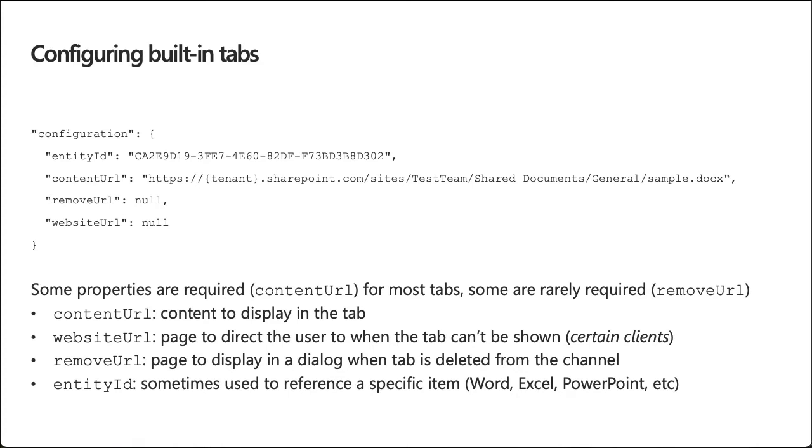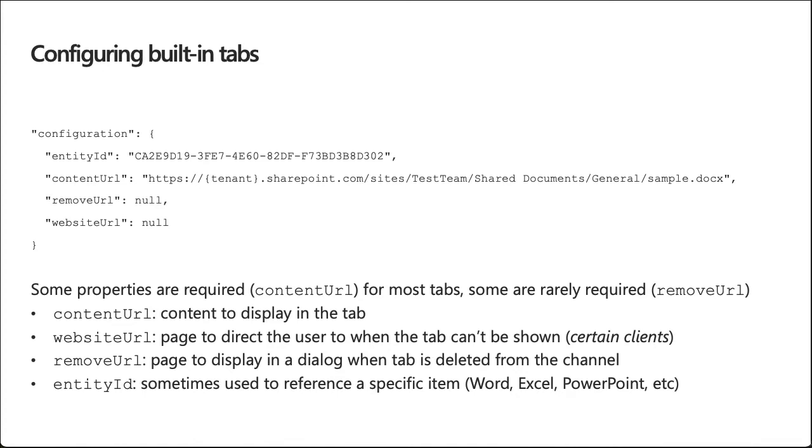And the way those are used is that if you specify the website URL, and the tab is not loading in, or you're in a client that does not support the tab, there is usually a button or an option where you can say, open this in a website. And that's the URL that they're going to be taken to, the one that says website URL.